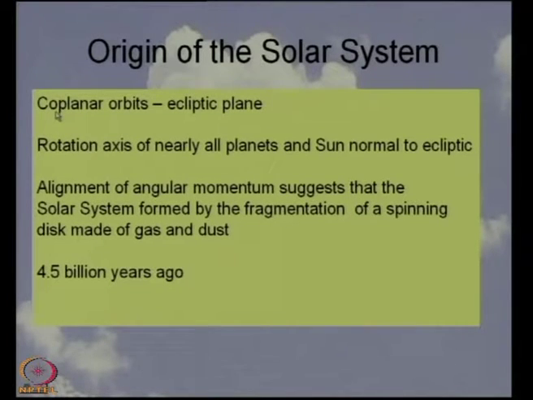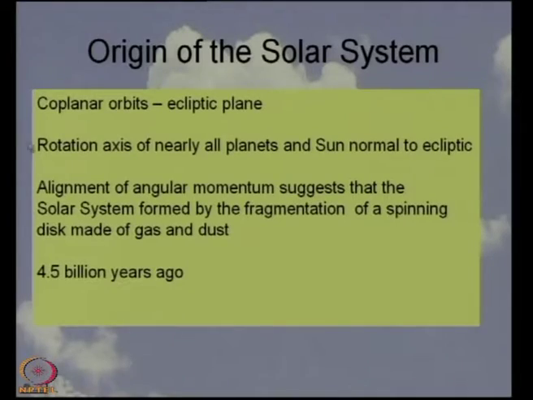We see that the orbits are all coplanar. That is one bit of information. They all revolve in the same plane and the directions of the orbital angular momentum are all the same. Second thing is, the rotation axis of nearly all the planets and the sun are normal to the ecliptic plane.